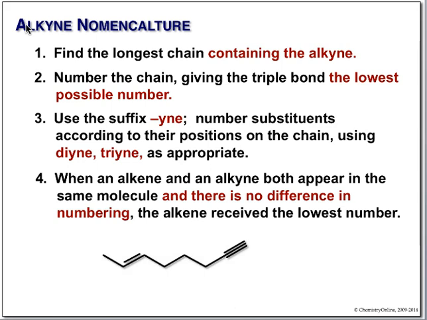Here we also have an 8-carbon parent. If we start numbering here, we will have our alkyne in carbon 1. If we started numbering here, our first functional group would be here at carbon 2. So here, the numbering sequence does make a difference.